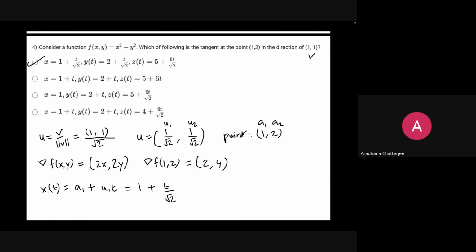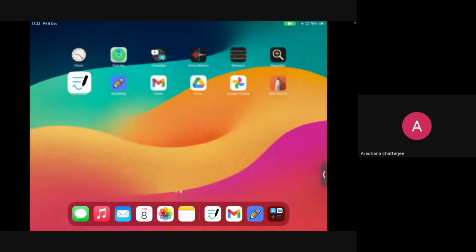This is always the same form. It's discussed in the lectures, but I took this from the solve with us question activity. So go through this if you want to get familiar with the form. That is always there.